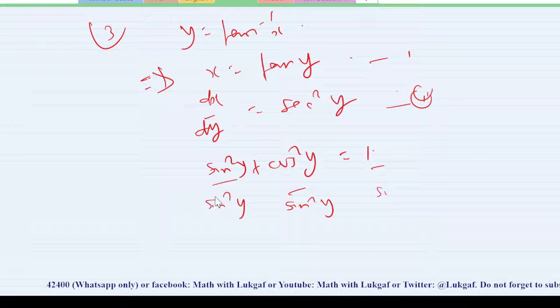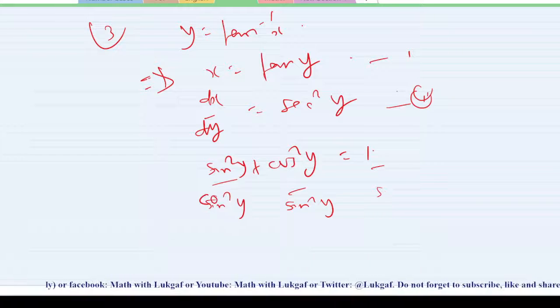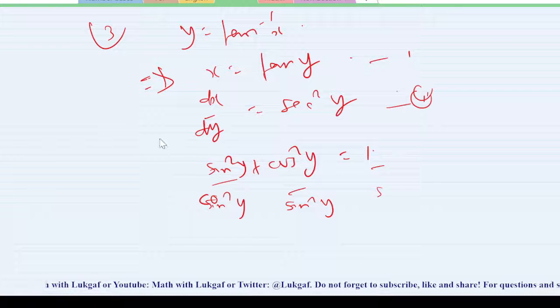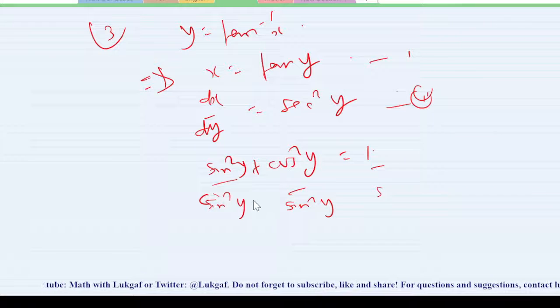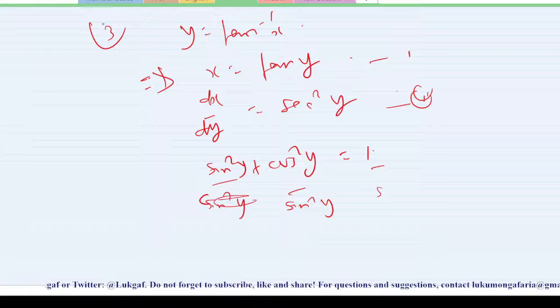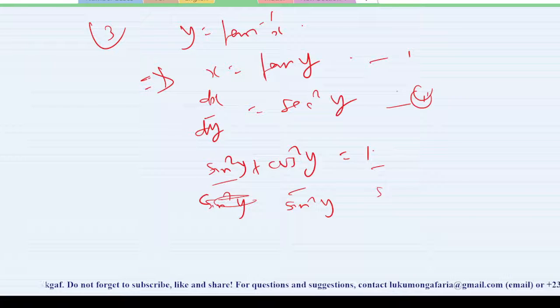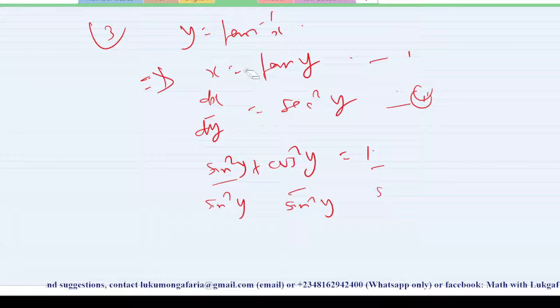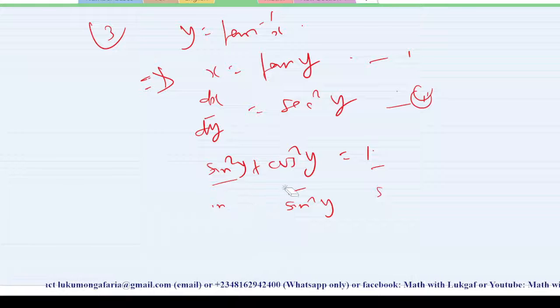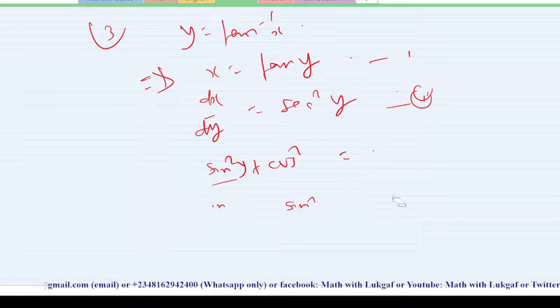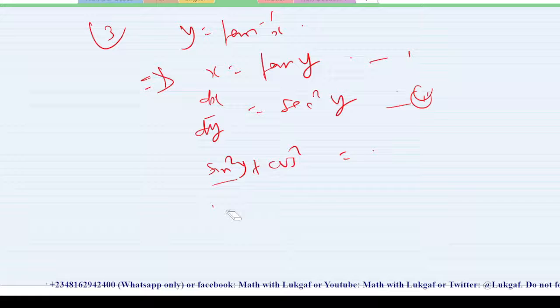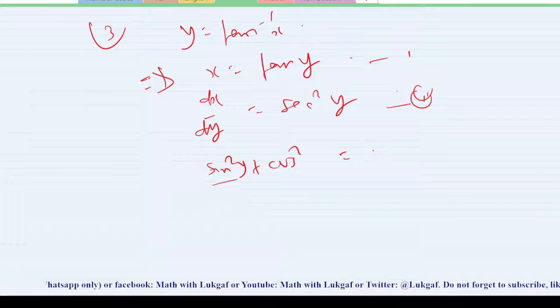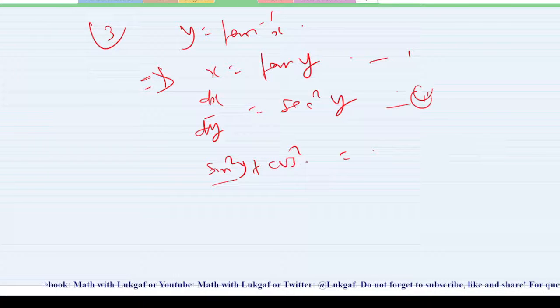So let us divide through by cos squared y. Sorry, my computer is misbehaving. Okay. So sin squared y plus cos squared y is equal to 1.